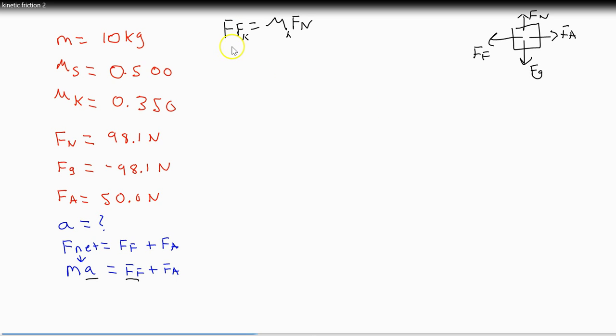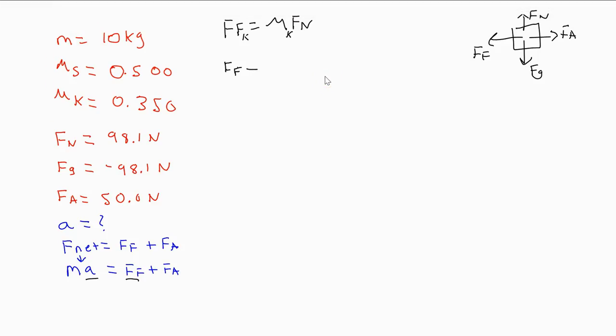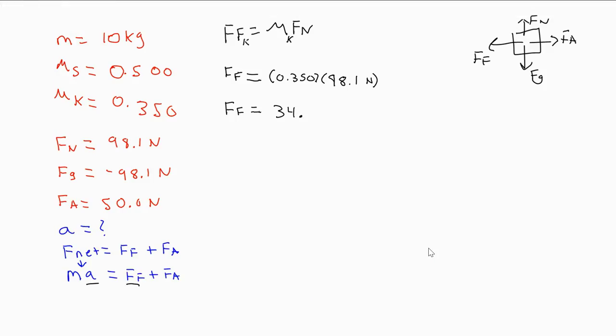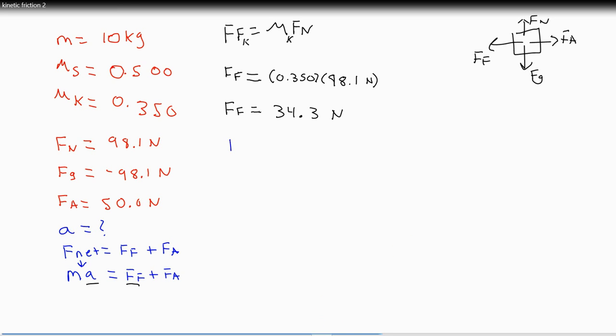In this case, I have the force of kinetic friction is equal to the coefficient of kinetic friction times the normal force. So now solving for the force of friction, I'm just going to plug in my values. I'm going to say the force of friction is equal to 0.350 times 98.1 newtons, which I'm going to find is 34.3 newtons.